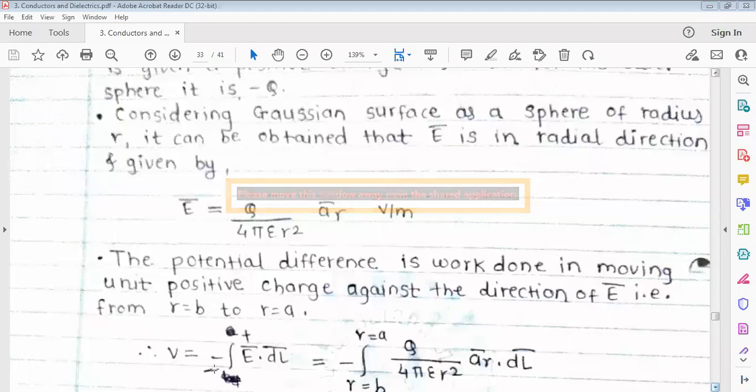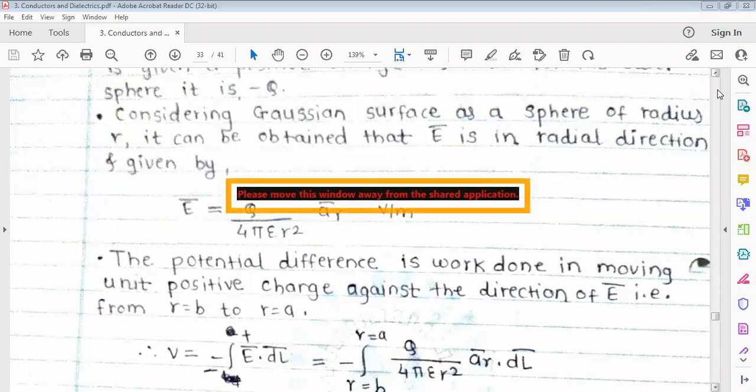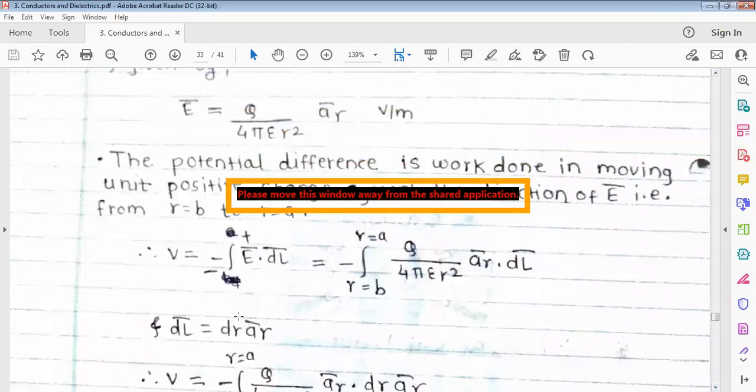That is we are moving from r equal to b to r equal to a, means from the outer sphere to the inner sphere, okay. So the potential V is equal to integration from minus to plus of this E bar dot dl bar.